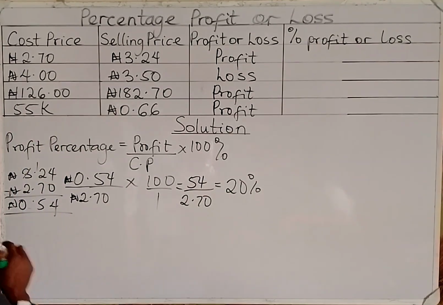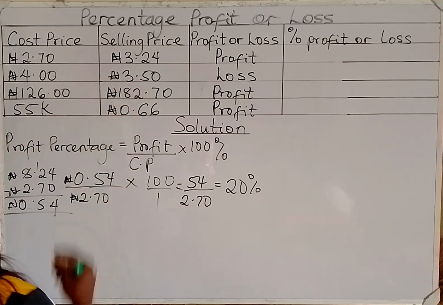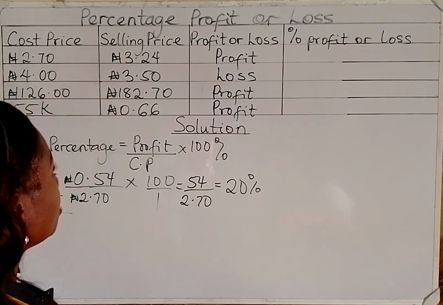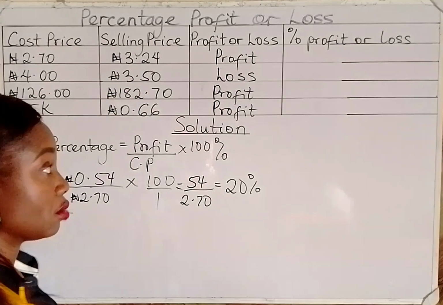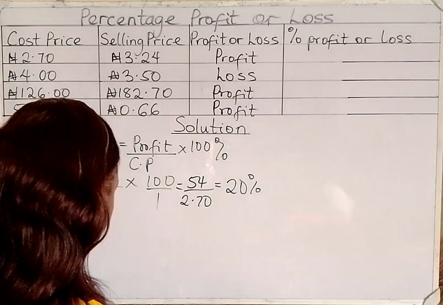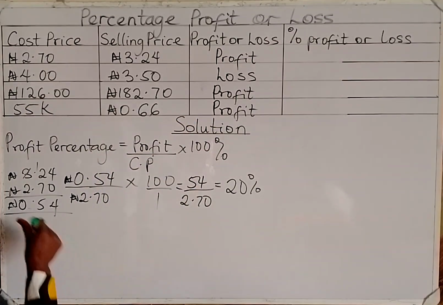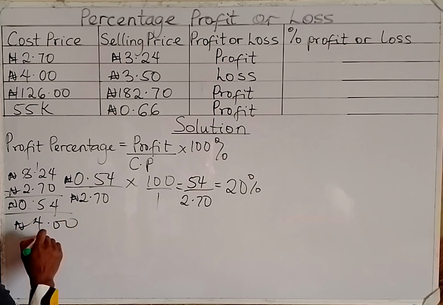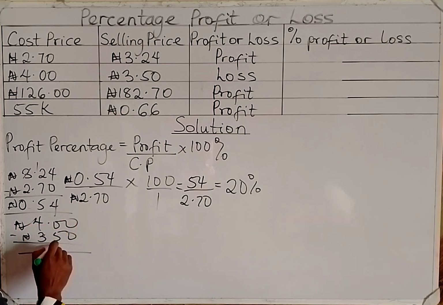Now the second one: the cost price is 4 naira and the selling price is 3 naira 50 kobo, which is a loss. So we subtract 3 naira 50 kobo from 4 naira, and that gives us 50 kobo.